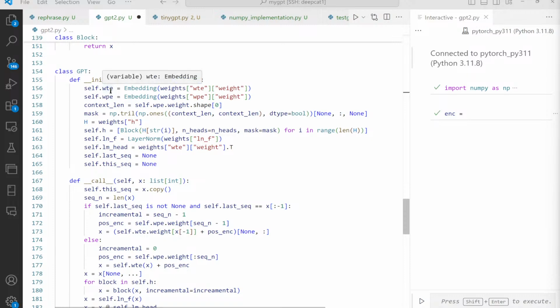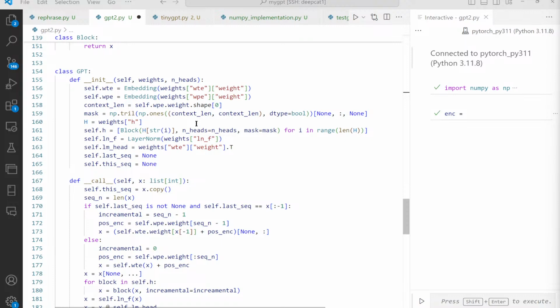So we first get our token embedding and position embedding. From the position embedding we can know, because the embedding is a table lookup, how many positions there are in total, so we know the maximum size, and that gives us our context length. Then our mask is a triangular matrix, because every token can only see itself and every token before it.